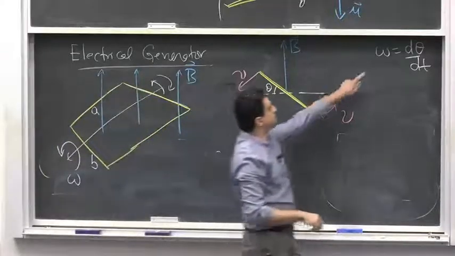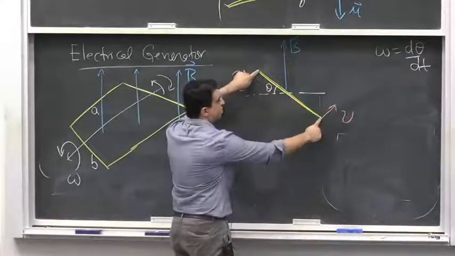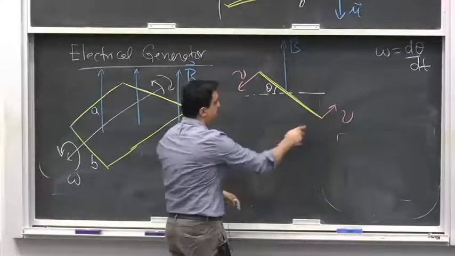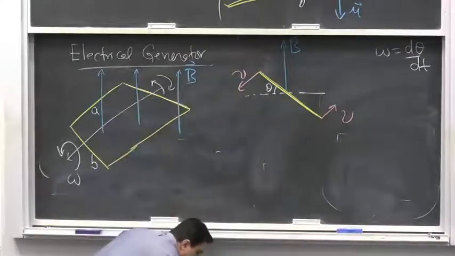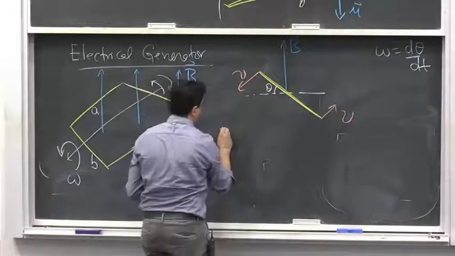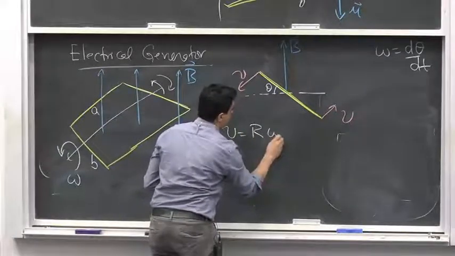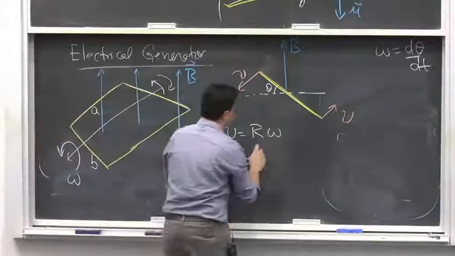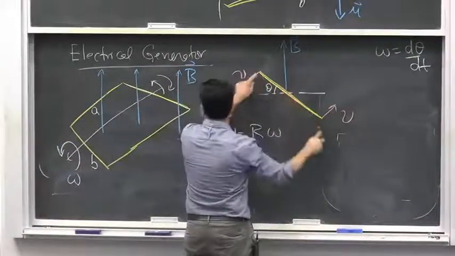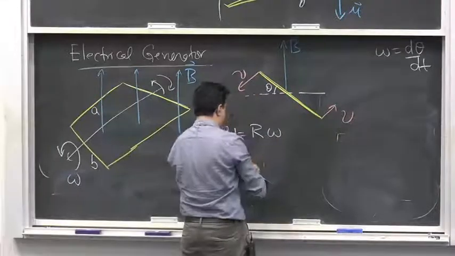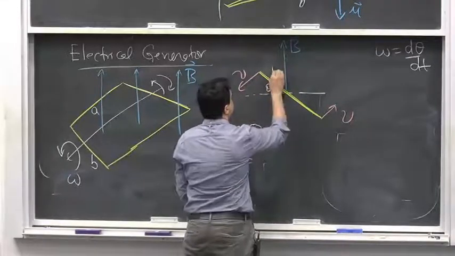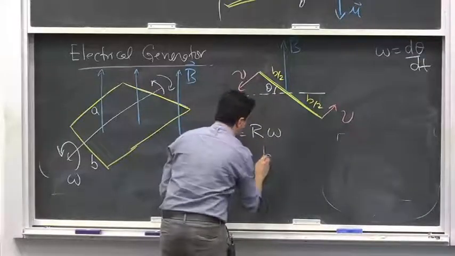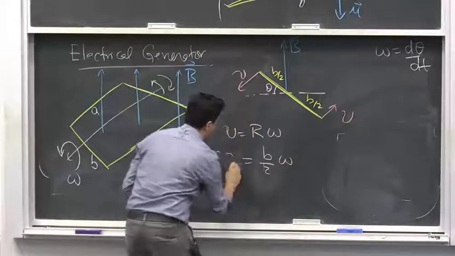So if you have a certain omega, you would have a certain tangential velocity of the end of the coil. And that V would be given by, what would be the magnitude there? R omega, that would be the magnitude of that tangential velocity. And what is R in this case? If the length of this side is B, then R is B by 2. This B by 2 omega, that's the velocity.